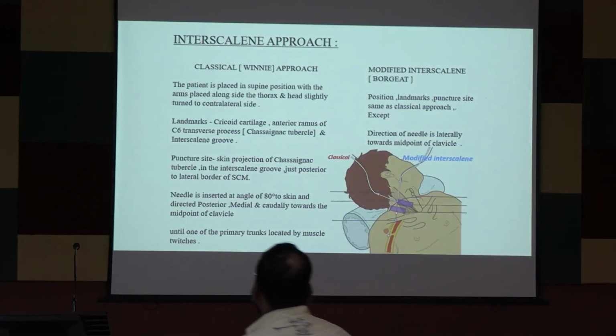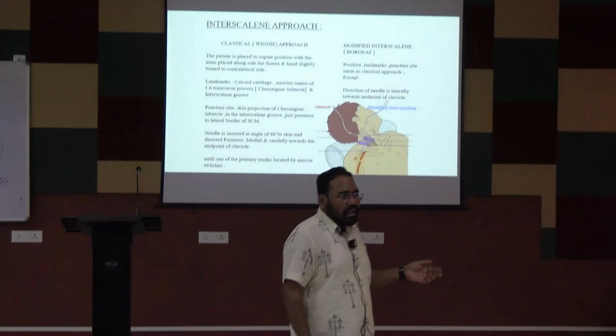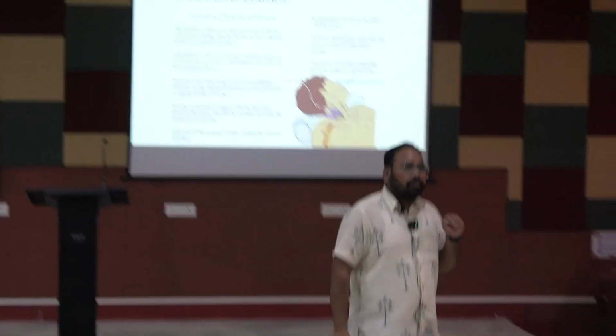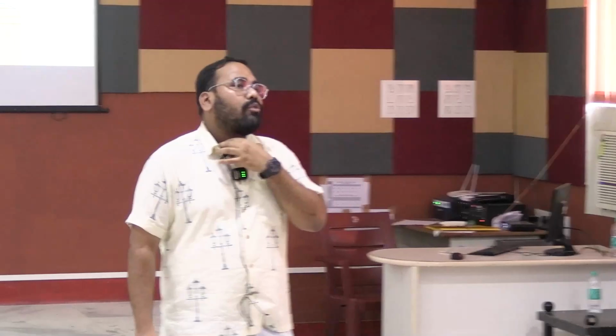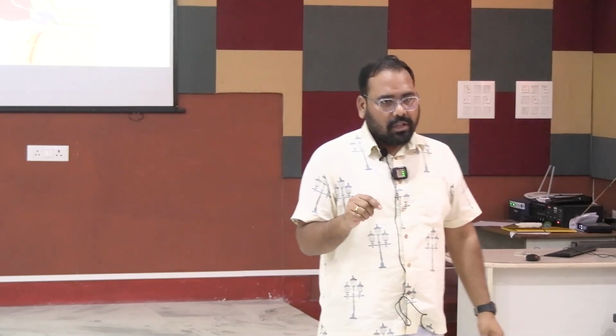Then comes the interscalene approach. In the interscalene approach, again you need to make the patient supine, put the face to the opposite side. Now you find out two things: the lateral border of the sternocleidomastoid and the cricoid. These things will intersect. Where they intersect is the point of entry of the needle.